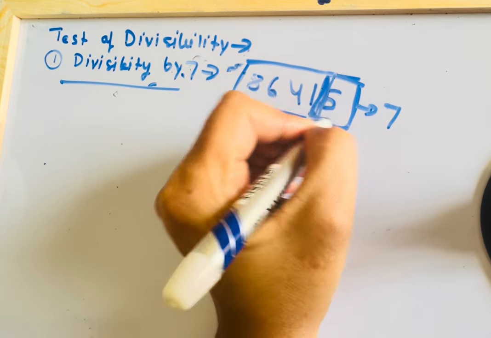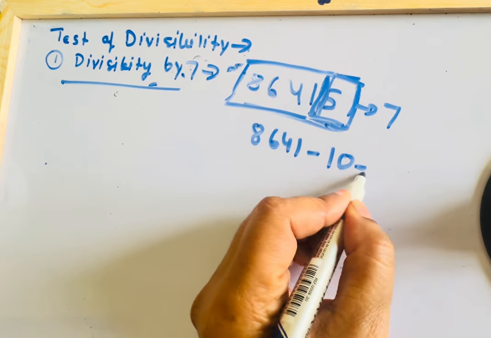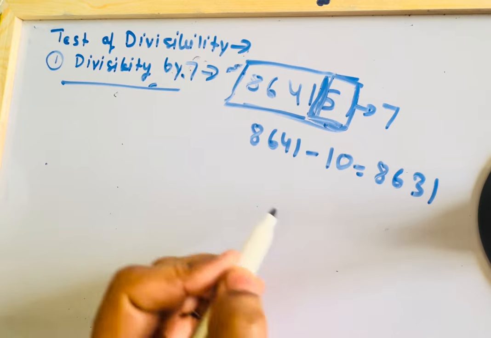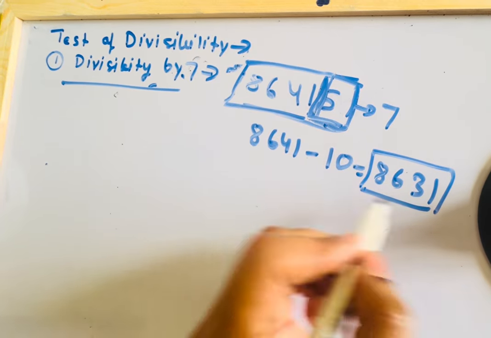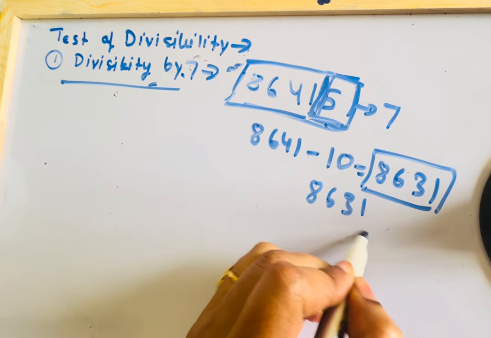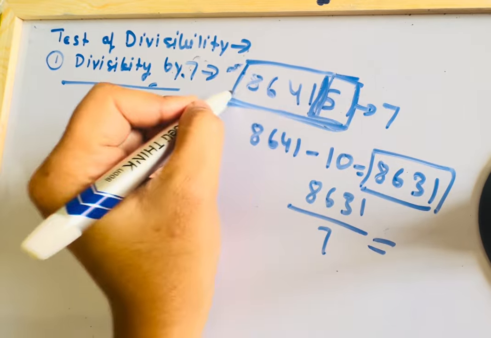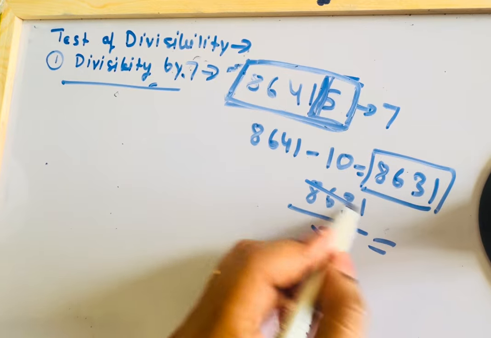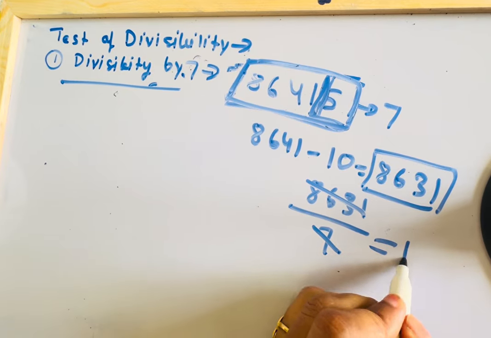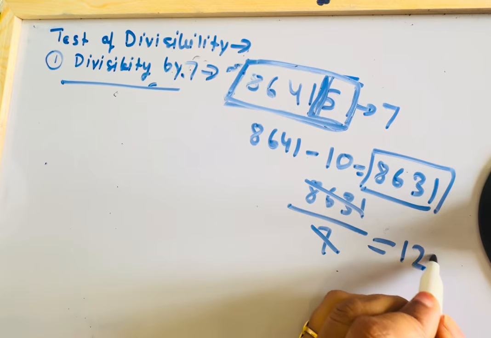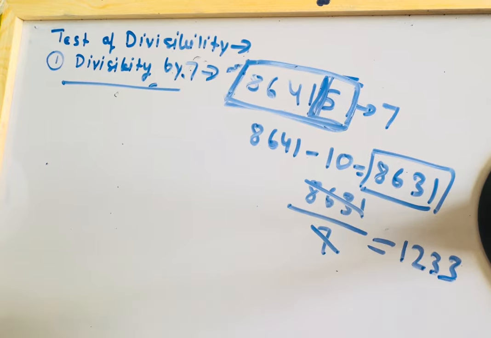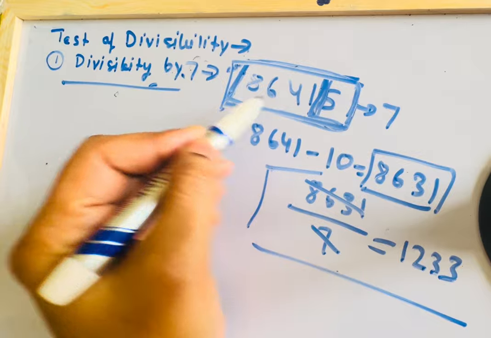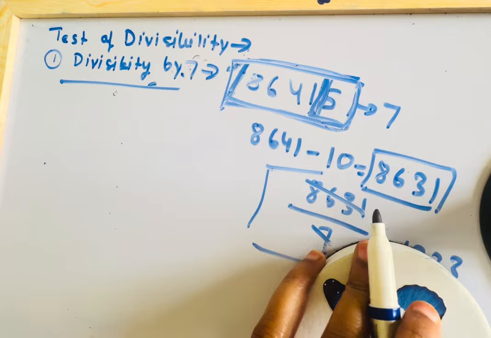And what is twice the last digit? 10. See, if that difference is divisible by 7, it means this number is divisible by 7. See, that number is divisible by 7. It means that number is divisible by 7.